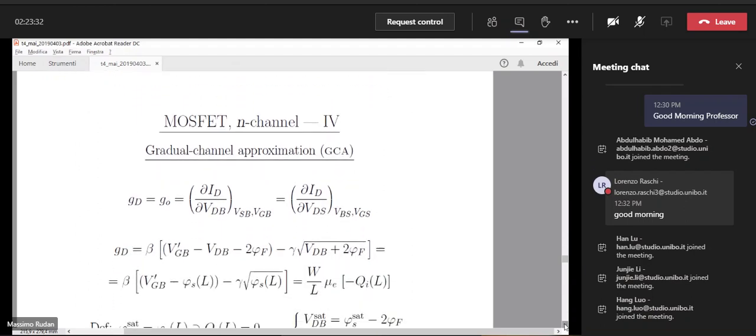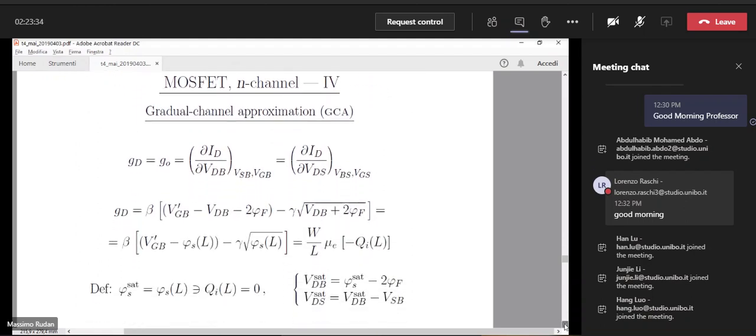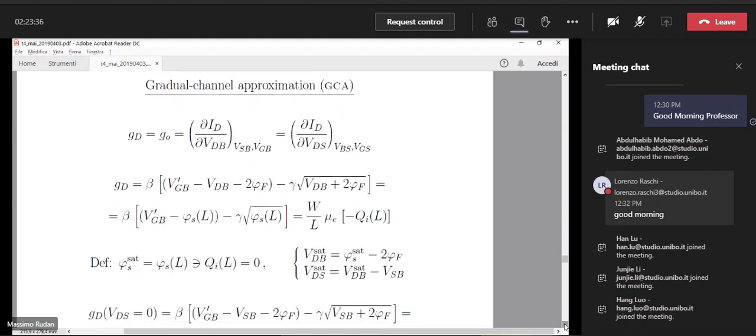And as you remember, we start defining the conductances. You remember we have a current ID that depends on three independent voltages, VDB, VSB, and VGB.